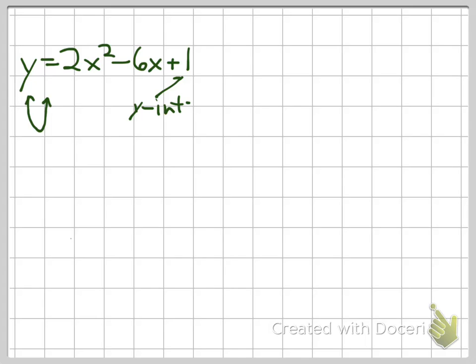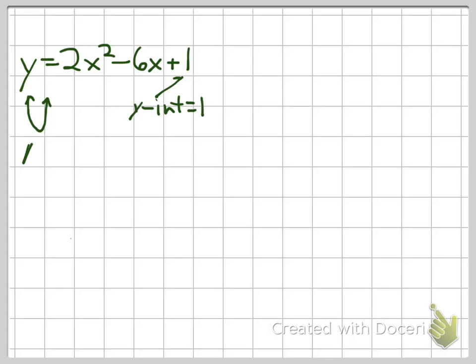Let's do another one. We'll go y equals 2x squared minus 6x plus 1. It's positive, so we know it opens up. It's 2, so we actually know it's going to be skinnier opening up. A 1 tells us our y-intercept is 1.